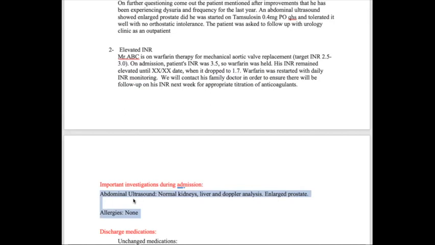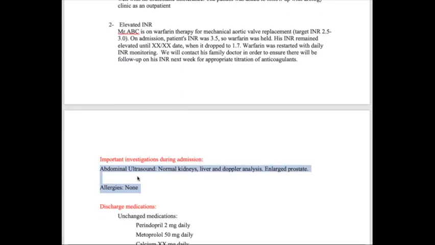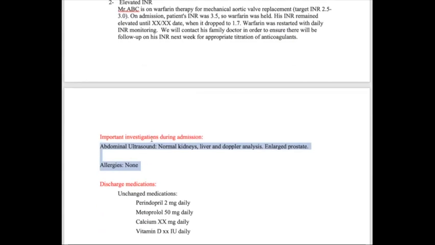Here in Ontario, we have something similar called Connecting Ontario, but not all the investigations are uploaded to this server. Usually discharge summaries and important blood investigations are sometimes uploaded, sometimes not. It's really variable. So it's important to mention investigations that happened during the patient's admission, because this could be the only way the family doctor can access the information of the hospitalization.